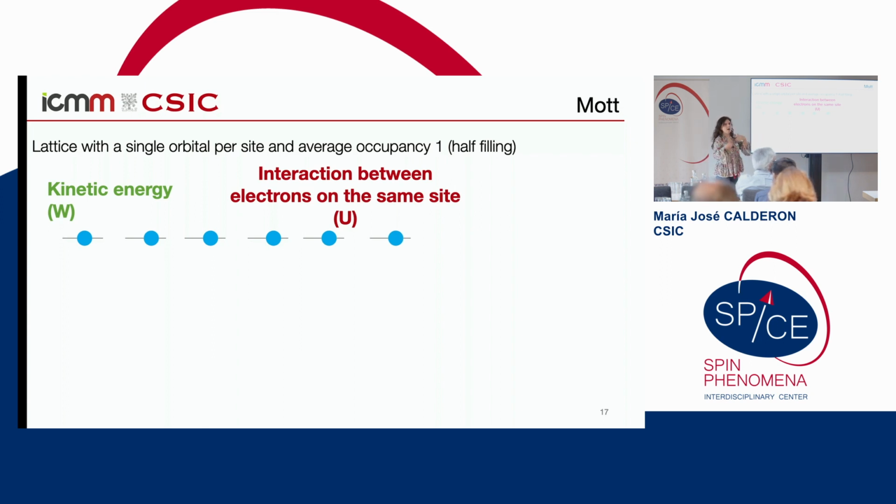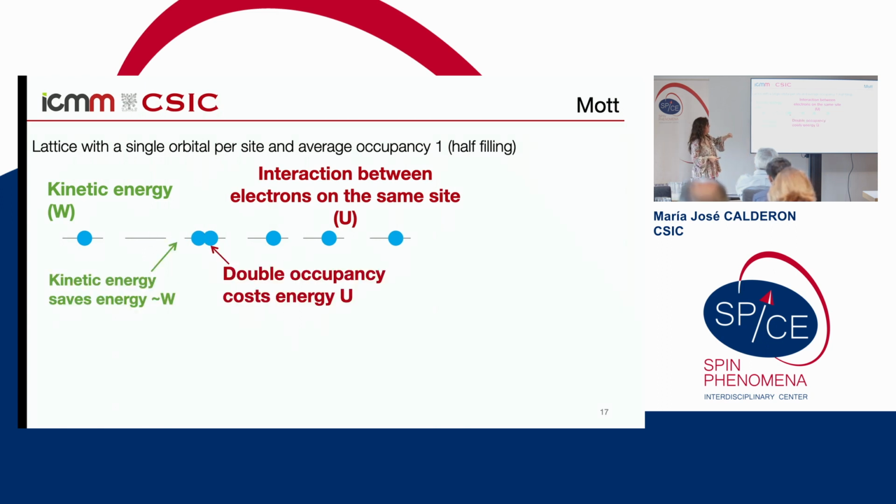So we have a Hamiltonian with two terms, the kinetic energy, which is proportional to the bandwidth W, and the electron-electron interaction, which is proportional to U. So when you move around in this lattice, you save energy W, but that costs energy U. So when U is much larger than W, you are going to have a Mott transition. So at half filling, in which you would expect to have a metal, you have an insulator.